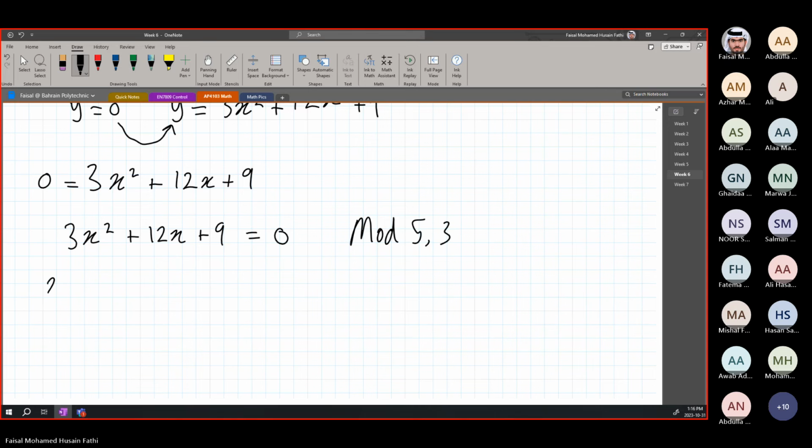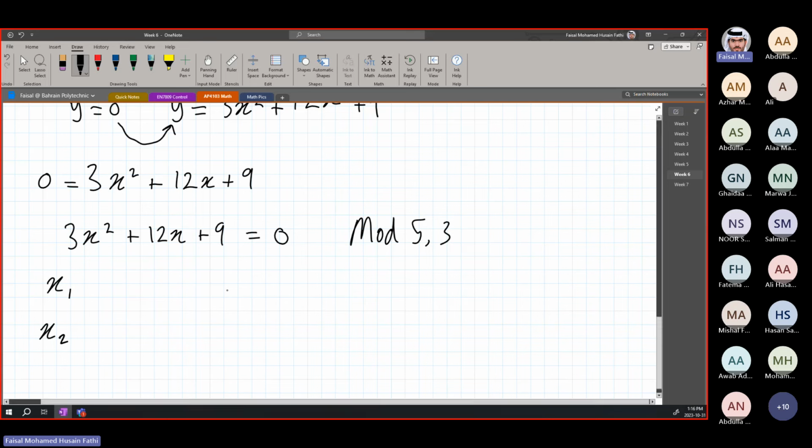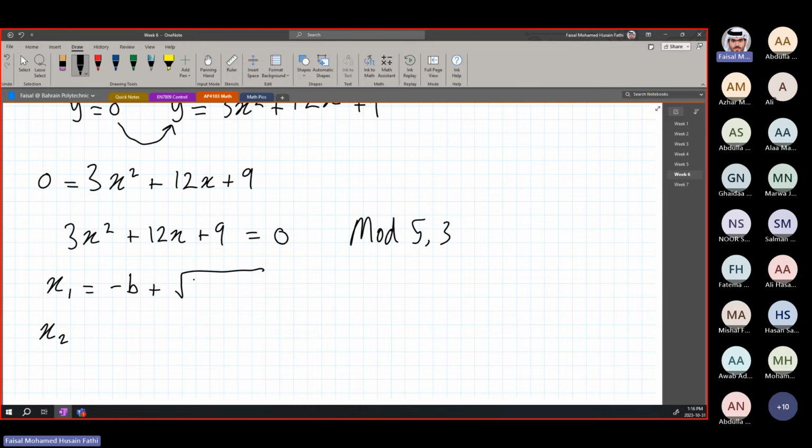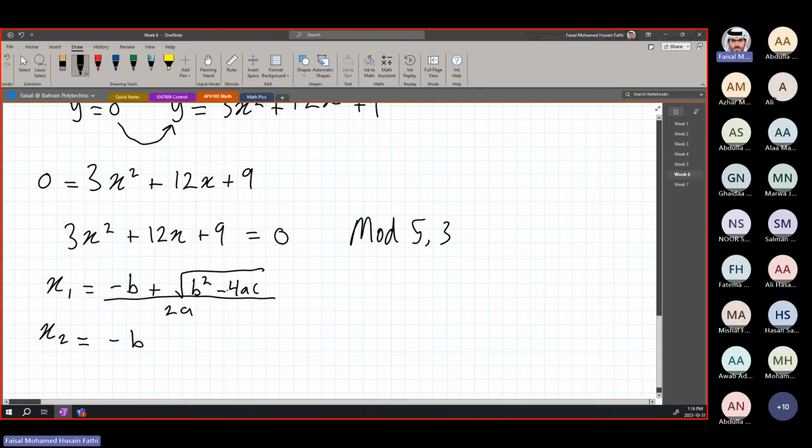or the way I like to do it is using the quadratic formula, which is x1 equals minus b plus the square root of b squared minus 4ac, all over 2a, and x2 is minus b minus the square root of b squared minus 4ac, all over 2a.